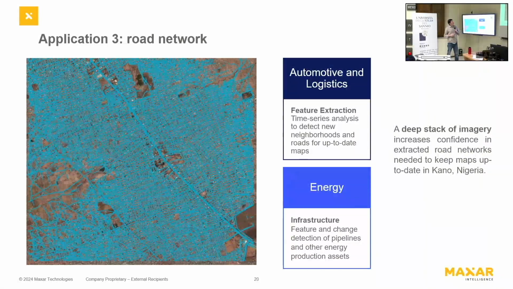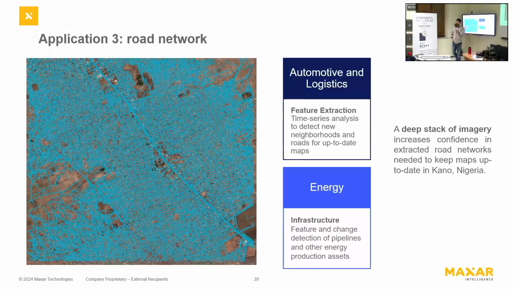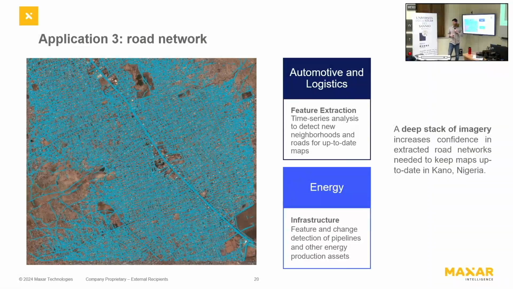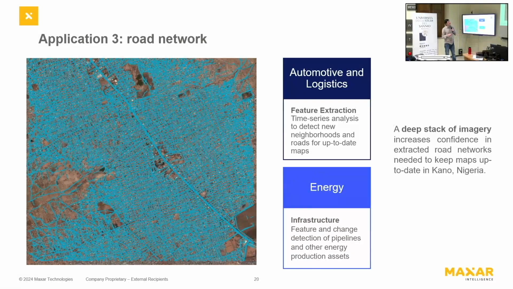Road network. I mentioned earlier that if you have a deep stack of images, doing road network extraction is a lot easier. You can really detect most of the roads fairly easily using machine learning. But if you are, for example, Amazon, where you are delivering packages, you want to know if a road exists so you can reach your house, or if a road is closed so you cannot reach your house.